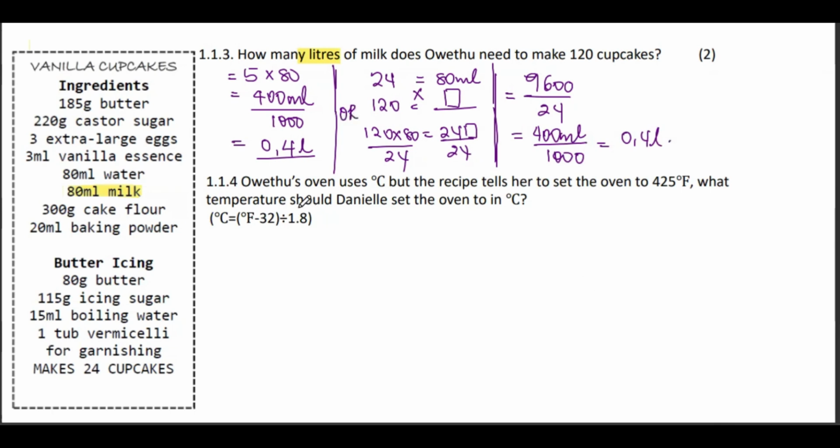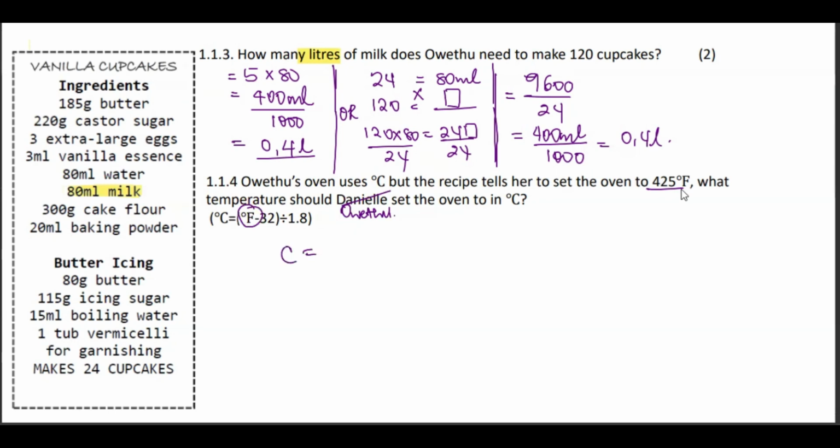Okay. Owetu's oven uses degrees Celsius, but the recipe tells her to set the oven to 425 degrees Fahrenheit. What temperature will she set the oven to? So simple. Get the formula, substitute in. Where you see F in the formula, you substitute in 425.